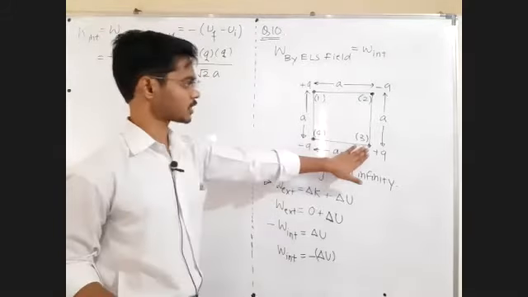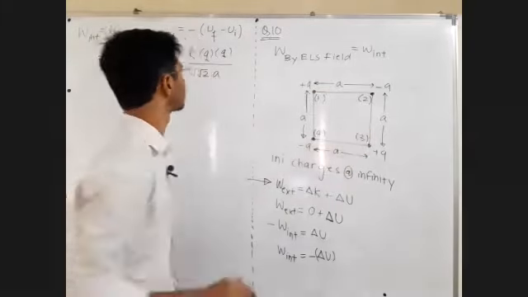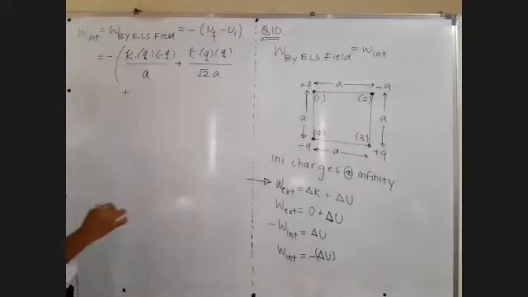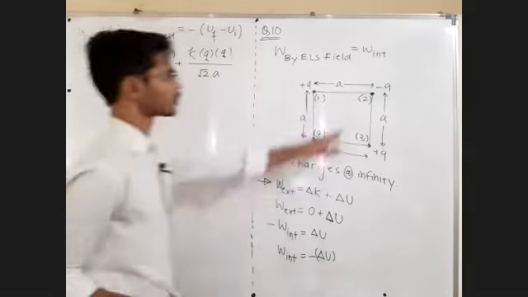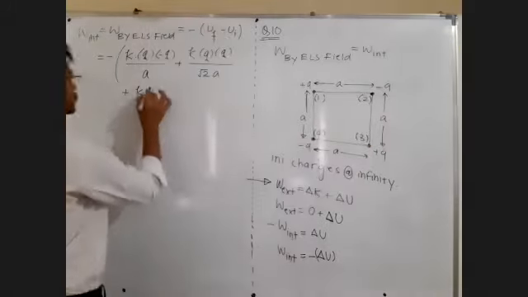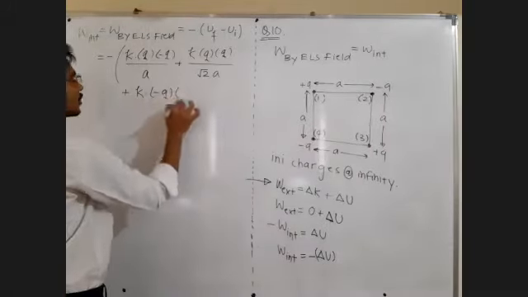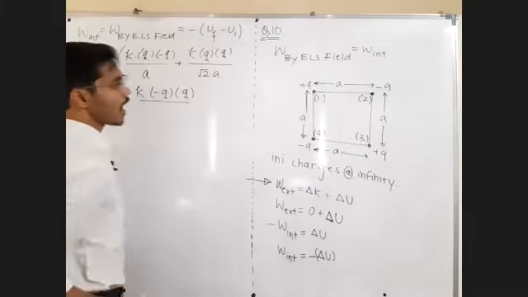Now the third charge has been brought in the field of the first. Now let us bring the third charge in the field of the second. Plus K Q2 Q3 upon R23. Q2 is minus Q, Q3 is Q, upon R23.